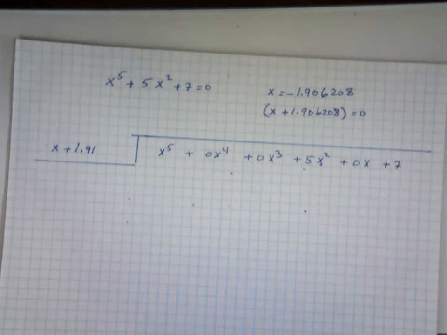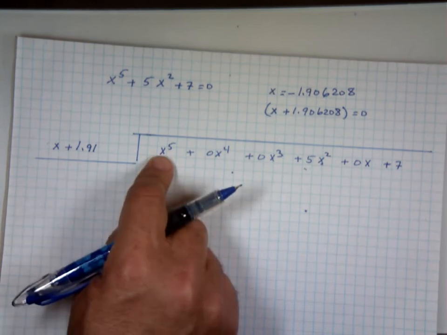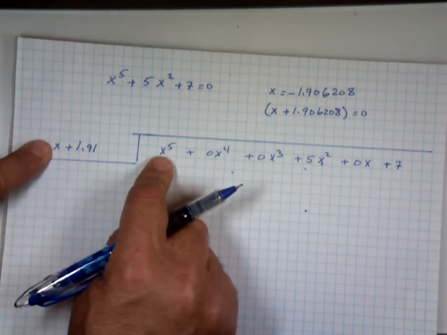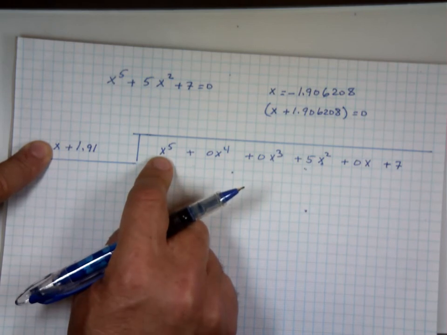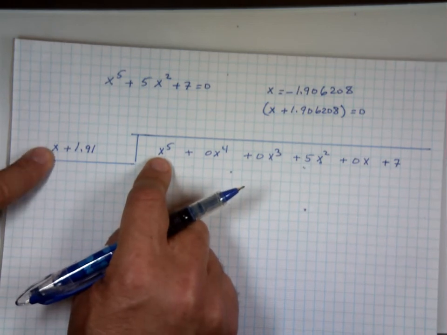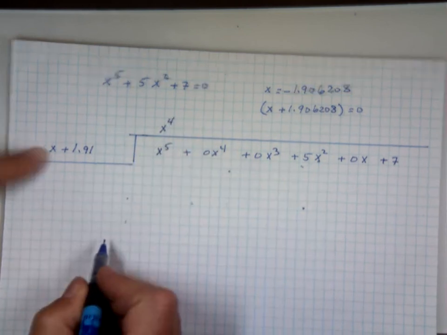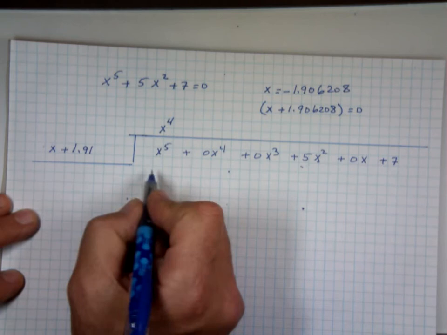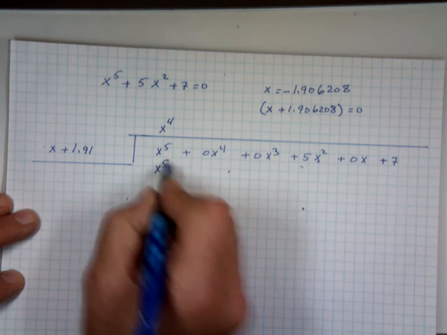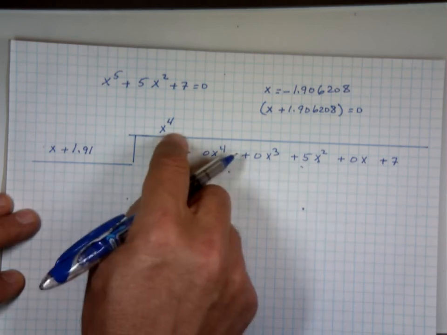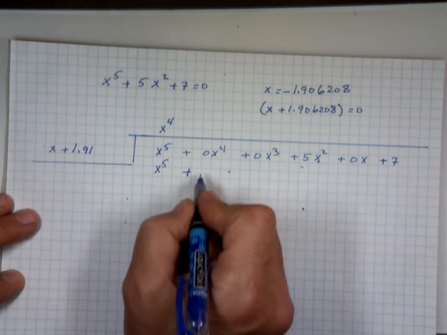What's x to the fifth divided by x? x to the fourth. x to the fourth times x. x to the fifth plus x to the fourth times 1.91, 1.91 x to the fourth.